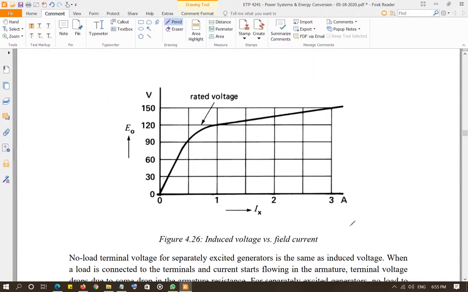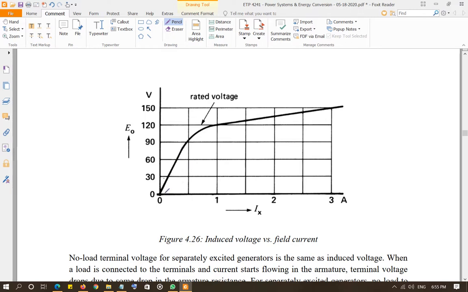This is a graph that shows how much field current has been supplied versus the induced voltage. And again, since we are looking at the electromagnet, all the dipoles in the magnet are going to be aligned at some time. So basically it's going to be saturated.